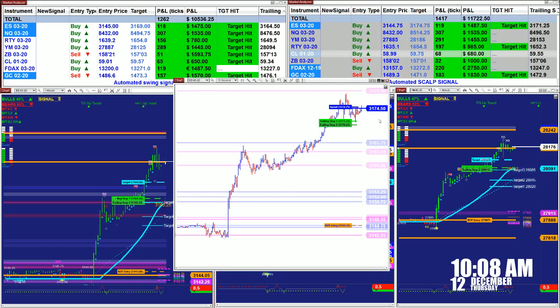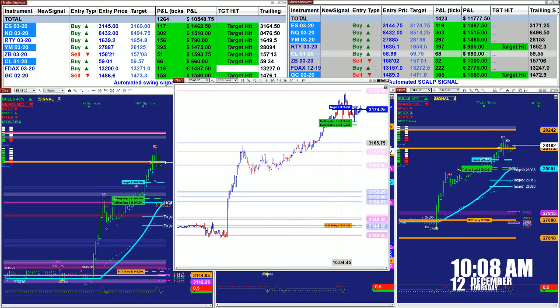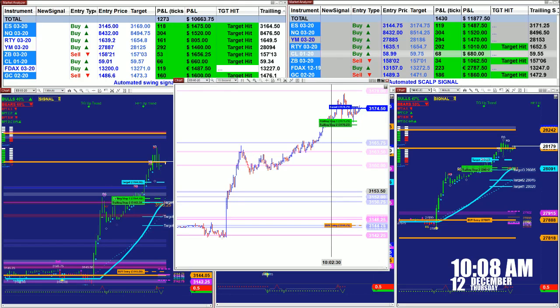But there is really a very thick support. The first support, even on the scalping, is 65.75. You need to reconsider it as a re-entry. And the second one is 63.50, and there is no way that ES is going to go below the 31.53 from now to 12 o'clock.